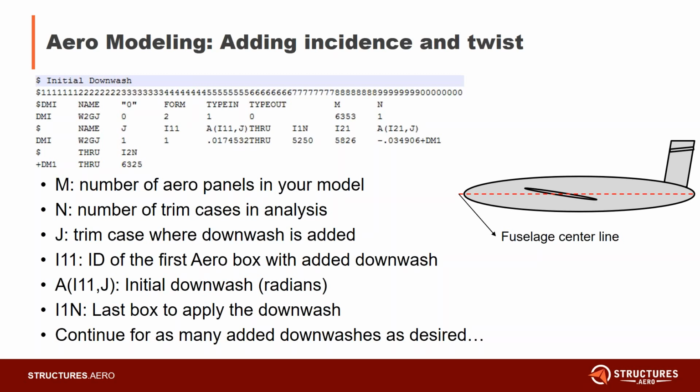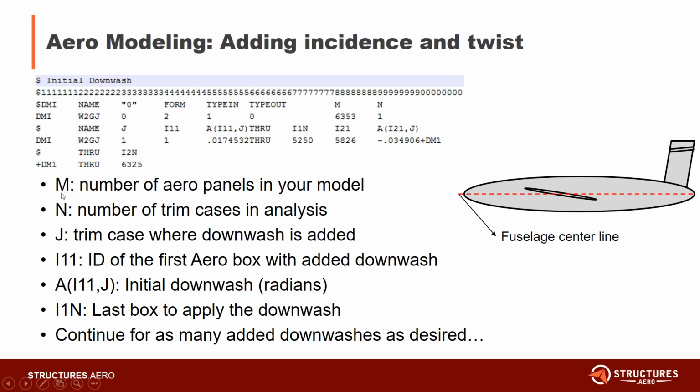And again, it gets pretty complicated, so I don't want to spend too much time on this, and if anyone has any questions, I'm happy to answer them at the end of the webinar. But roughly, you do this with a DMI input statement, direct matrix input, and you're essentially writing information to the W2GJ matrix. Again, you don't have to worry about it too much, but there are a few things you need to know when writing a statement like this in your bulk data entry.